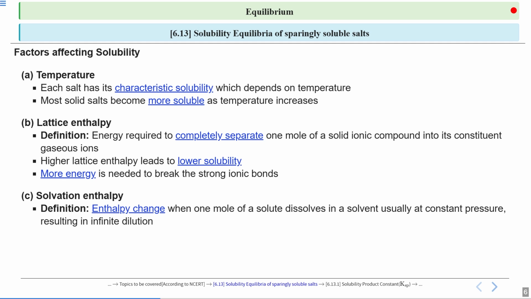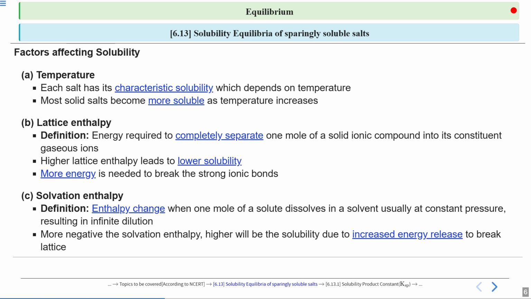And in most of the cases, it is seen that this process, solvation, releases energy. Now, if it is releasing energy, that means the enthalpy will have a negative value, and the more energy your ionic solid releases on solvation, the easier it is for your ionic solid to get dissolved into the solvent.